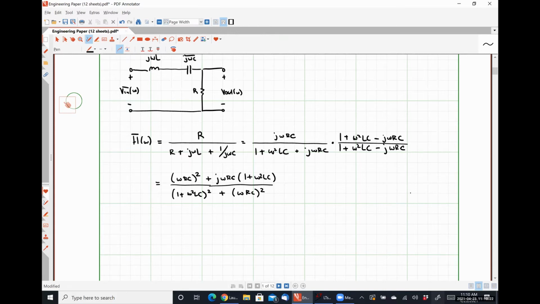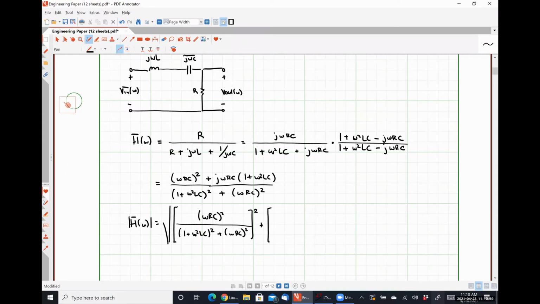Okay, so to take the magnitude of H of omega, we are going to have the square of the real part. So that's 1 plus omega squared LC quantity squared plus omega RC quantity squared down here. Up here we have omega RC quantity squared. We square this whole thing.